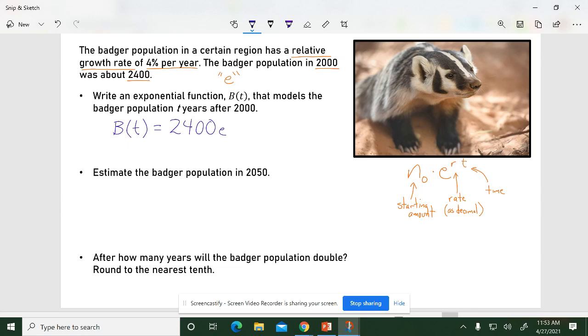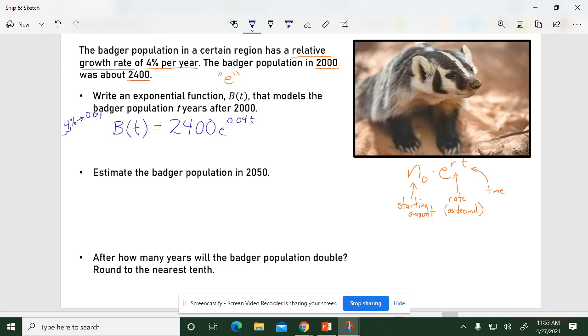So 4%, you move the decimal 2 places to the left, it becomes 0.04. And then our number of years is going to be t. That's our variable. So B of t is equal to 2,400 badgers times e to the 0.04t power.